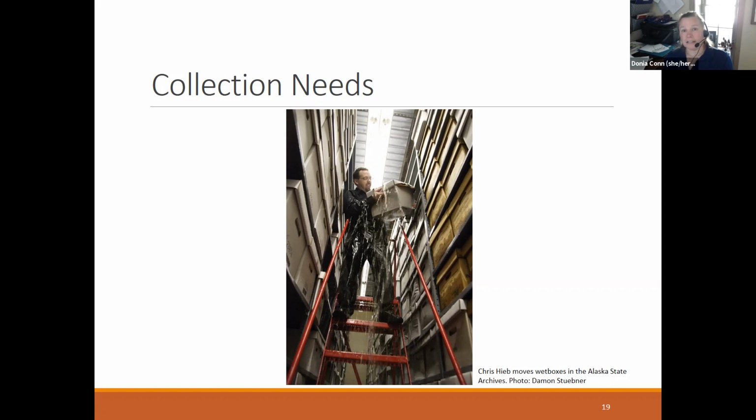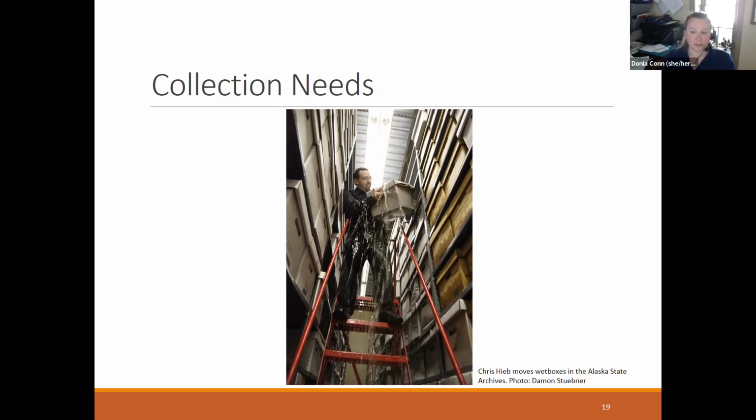So don't ever forget your digital assets throughout your planning process. They are just as important to keep in mind as all of your other collections. And the beauty is that you can back them up somewhere safe so that in the event of a disaster, you don't need to worry about them.